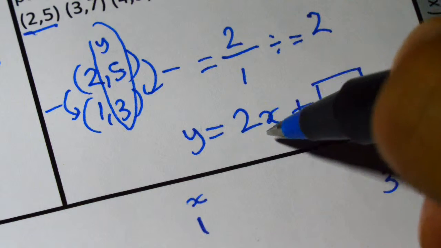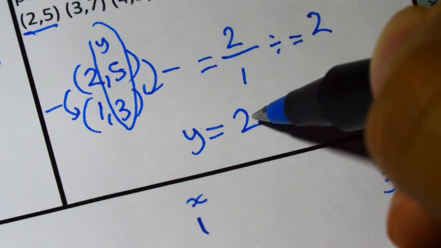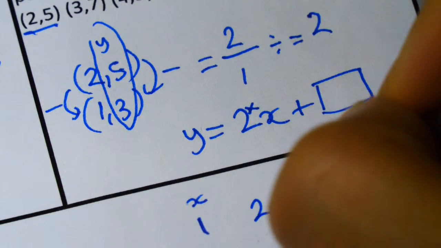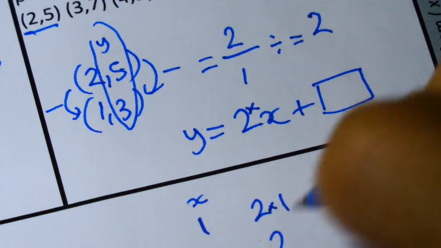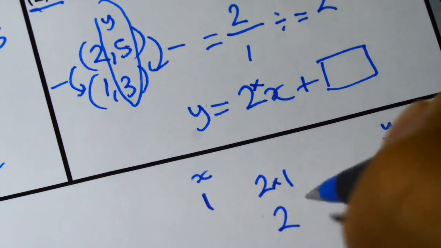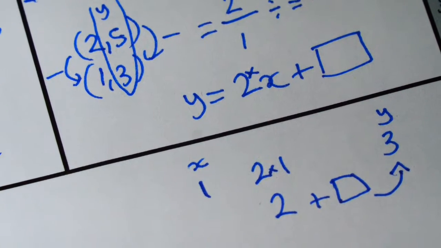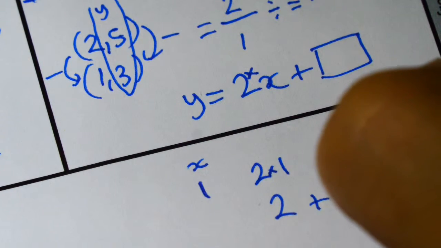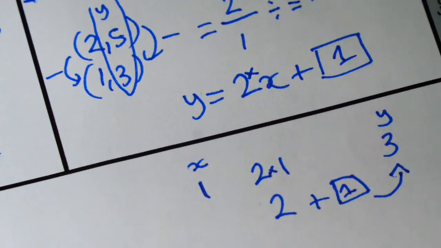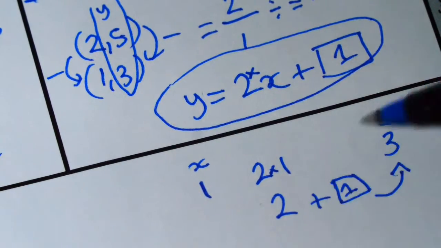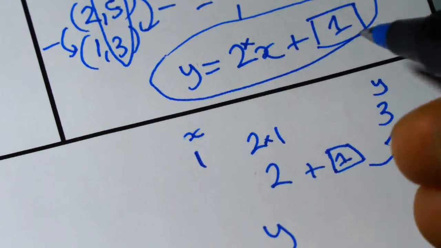So our function starts with 2x, 2 times x, or 2 times 1. 2 times 1 is 2. 2 plus something gives us 3. 2 plus 1 gives us 3. Okay, so our answer, our function, y equals 2x plus 1.